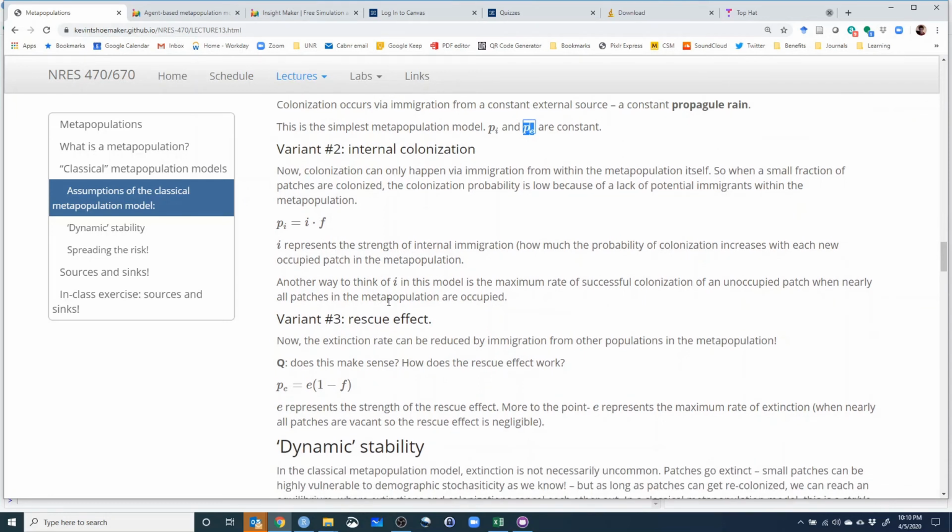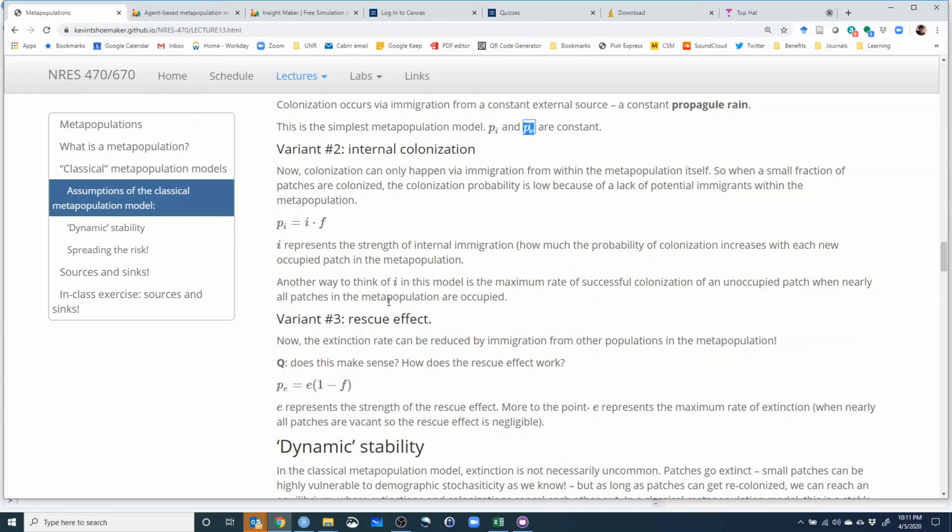The second variant is internal colonization. That means colonization can only happen by immigration from within the metapopulation itself. So this time, immigration and emigration only happen between the patches in the metapopulation. So when a small fraction of patches are colonized, the colonization probability is low because there's not that many immigrants.